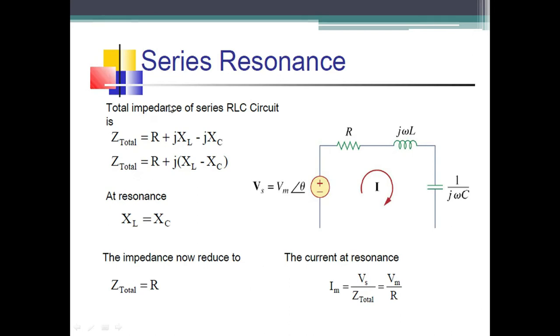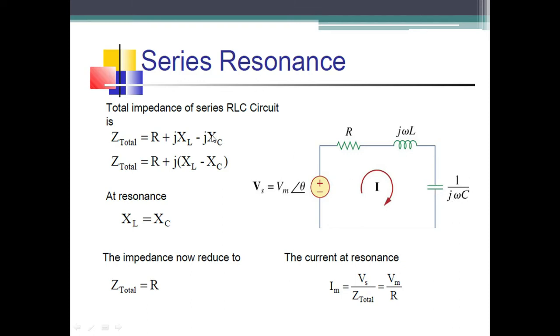Now, in the case of series resonance, let us see the total impedance of the series RLC circuit. This is the series RLC circuit where R, L and C are connected in series. The total impedance Z total is equal to R plus jXL minus jXC, where XC is equal to 1 upon 2 pi fC.